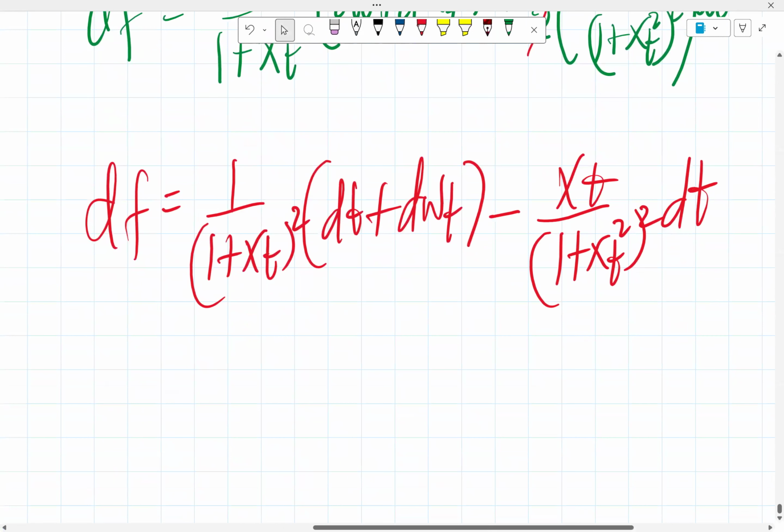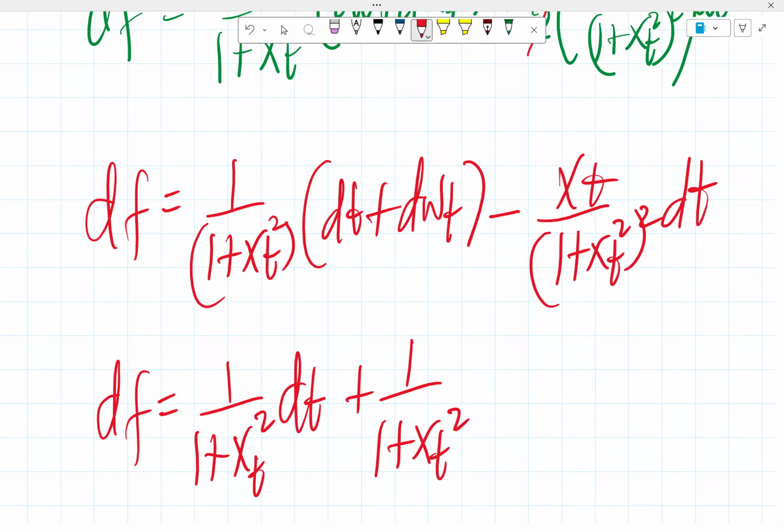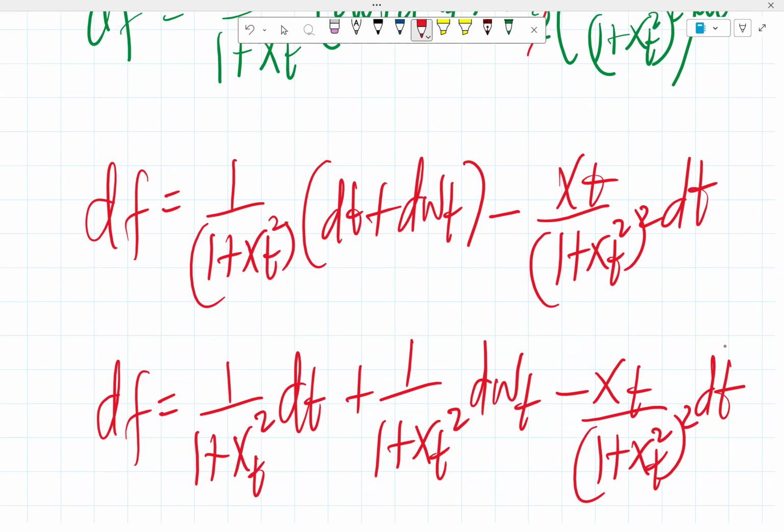And then we can break this apart and get something. So this is df equals 1 over 1 plus x sub t squared, like that, into dt, plus 1 over 1 plus x sub t squared dwt, minus x sub t over 1 plus x sub t squared all squared dt.